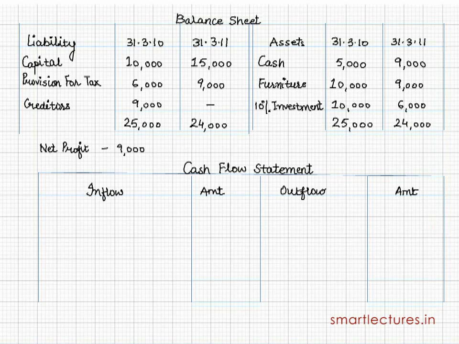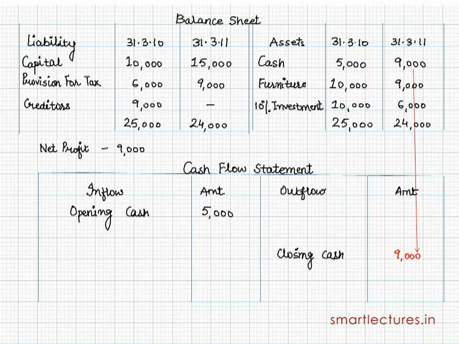So opening cash rupees 5,000. So now I will start looking at balance sheet carefully. Cash, I have already taken 5,000, and on right hand side I will write down closing cash rupees 9,000.